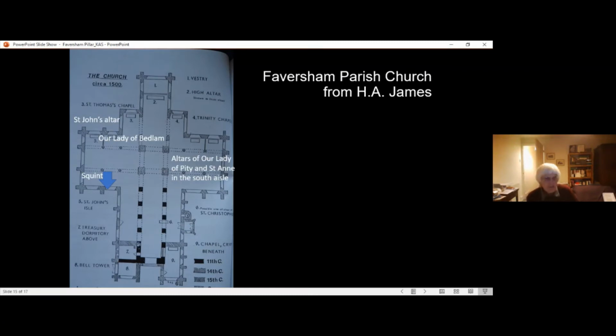Furthermore, of course, it's very close to St Thomas's Chapel, and therefore if pilgrims were drawn there as they were on their way to Canterbury, they would pass the pillar and possibly again engage in the saying of prayers as a result.